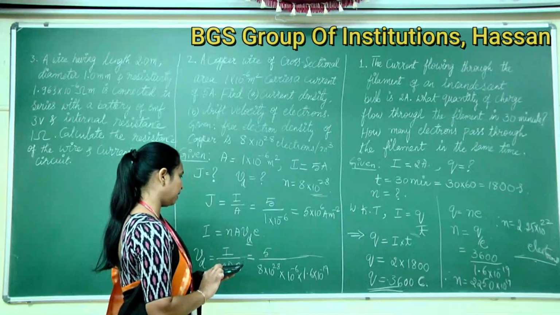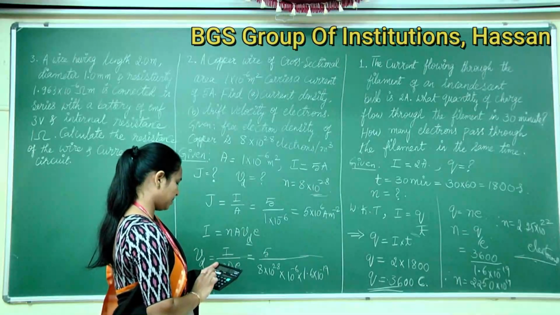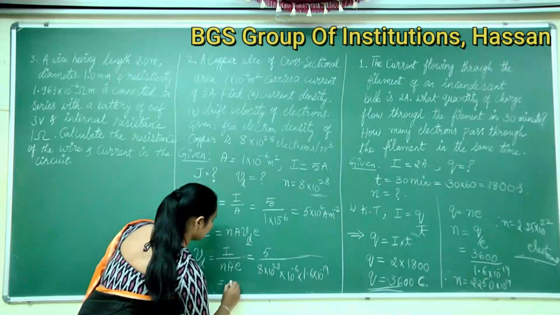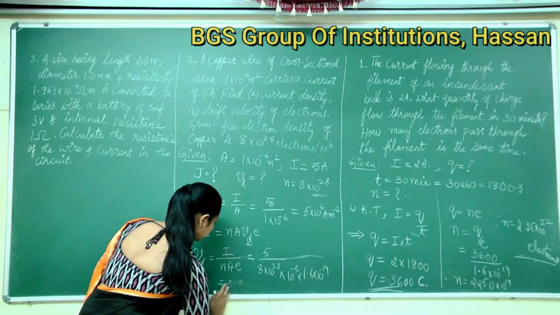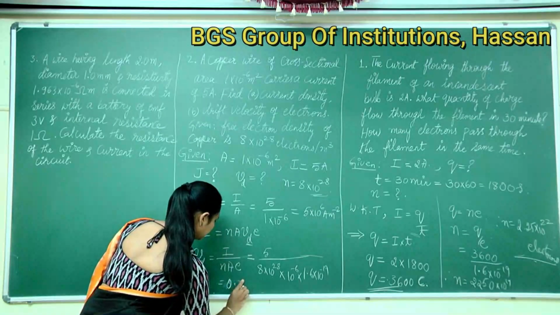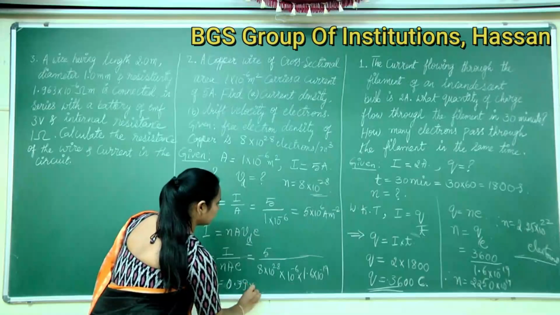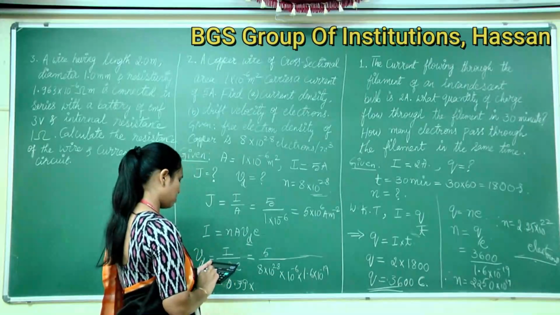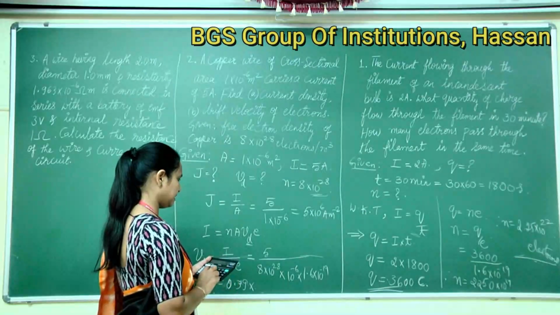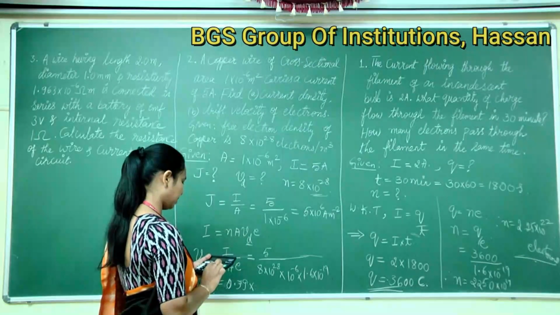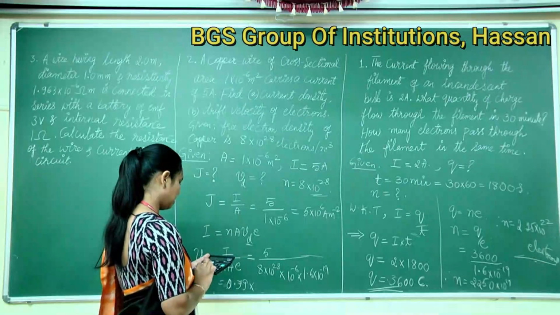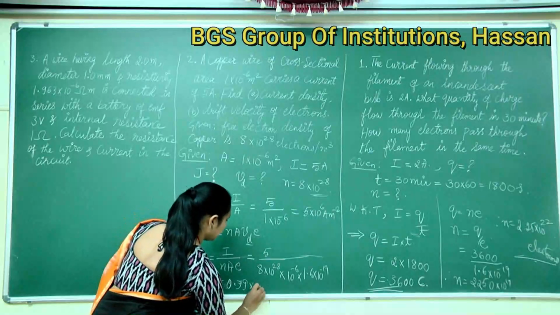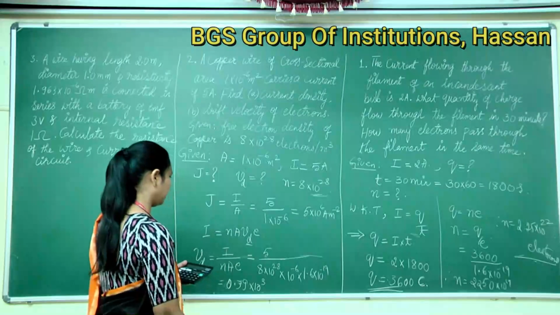5 divided by 8 divided by 1.6, that is 0.39 into 10 power 28 minus 6 minus 19. 28 minus 6 minus 19 is 10 power 3.